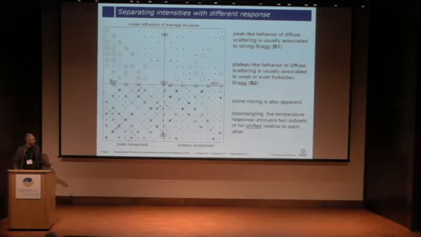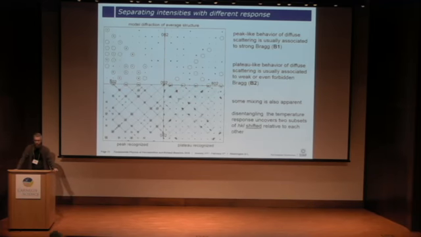And on the bottom you see how they are recognized: peak-like and plateau-like components. And two things. Peak-like behavior of diffuse scattering is usually associated with strong Braggs.